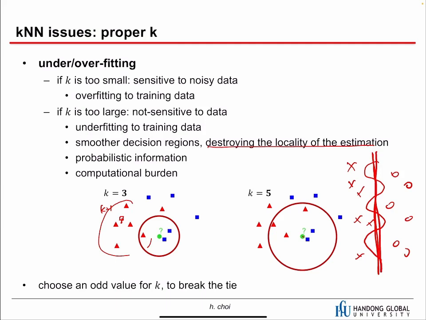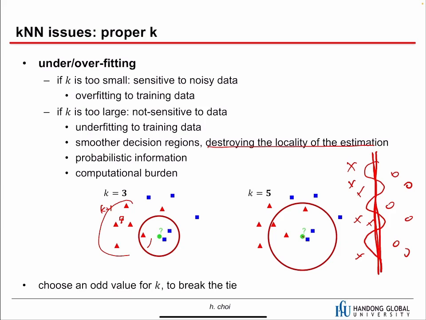So which value is the proper k? We don't know, so you have to try different numbers, from k 3 to 11 or so. And usually we need an odd number for k to break the tie.